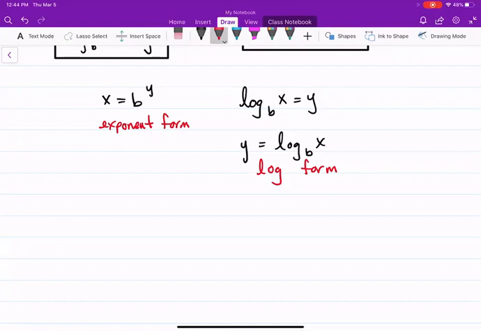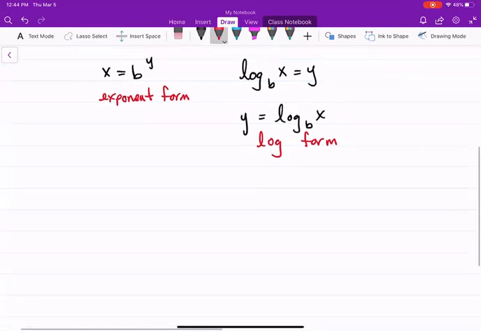And of course, your question is, when do we use which one? That's your ultimate question. So we're going to have to know how to interchange them.